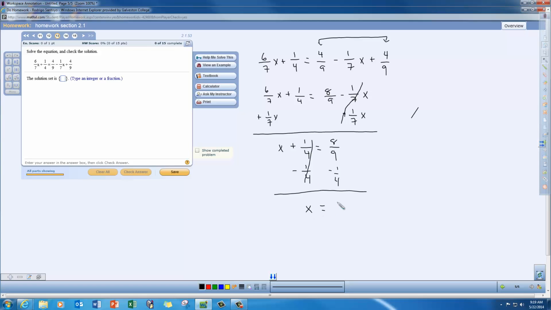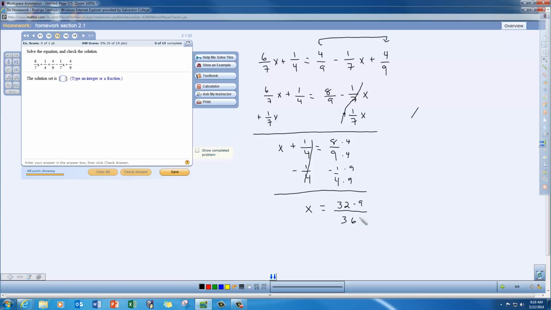Well, now what we need to do is, in order to subtract these, we need to find our LCD, which is going to be 36, which means we're going to have to multiply this by 4, multiply this one by 9. We'll get 32 minus 9 over 36.